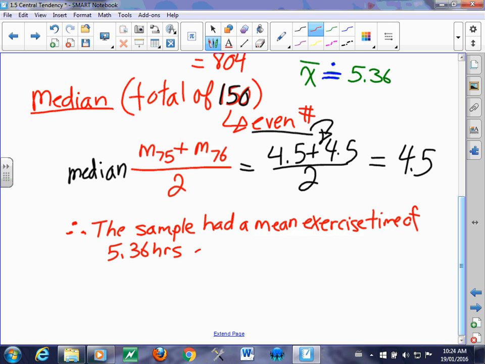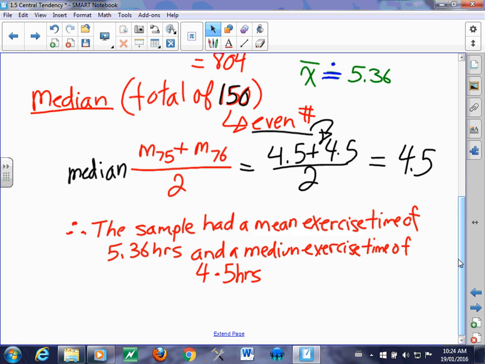Are you good with that? And a median exercise time of 4.5 hours. All right. I have one more example for you with a couple formulas to make sure you noticed.